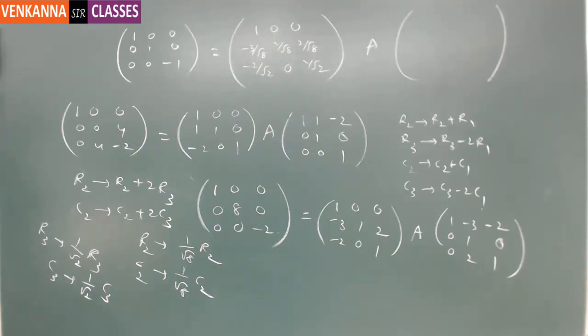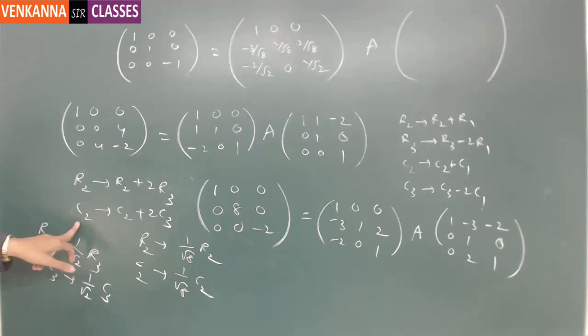Some authors say the one thing is, reducing to the diagonal form is nothing but having the eigenvalues on the diagonal, isn't it? Yes or no? Because you are applying the same operations, right? Every time, if you apply R2 tends to R2 plus 2 R3, the corresponding column operation should be applied.